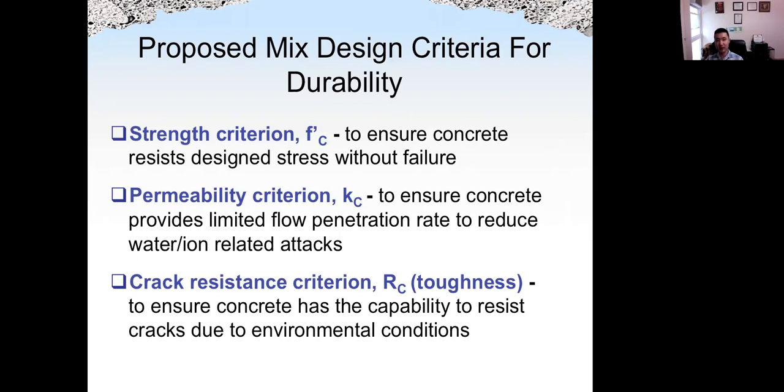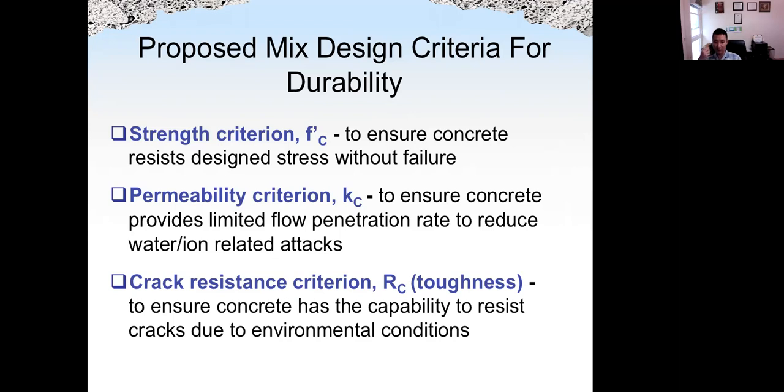The second important thing is the permeability criteria. Okay? So that will ensure concrete provides limited flow penetration to reduce the water and also harmful ions related to different types of attacks. And finally, the crack resistance criteria.